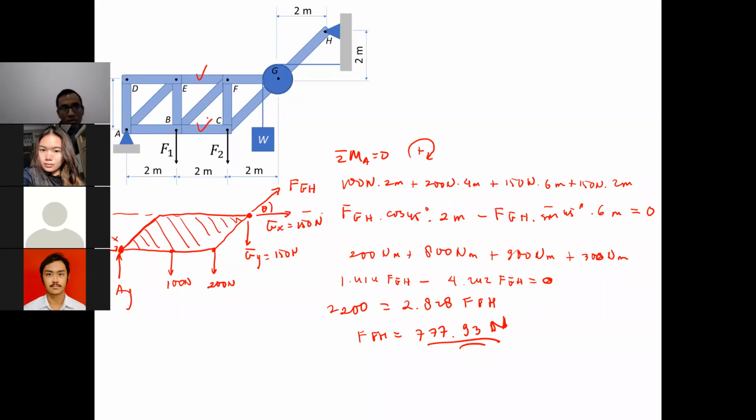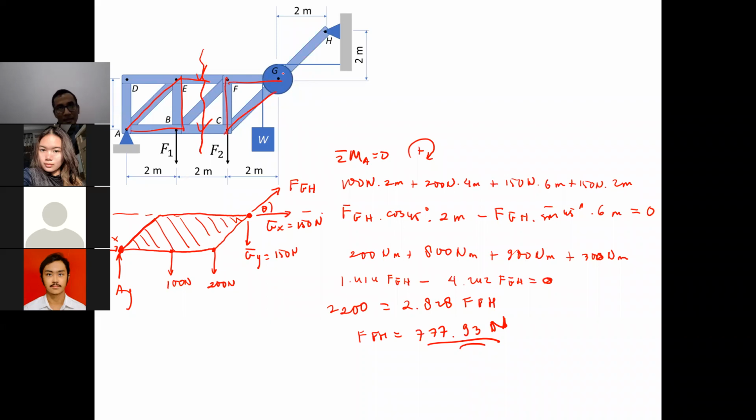Okay. In order to solve for this, what are we supposed to do, Alberto? We have to cut, right? And how to cut it? Just through the middle, like this, right? Yes. And after you cut it, you can analyze the left one, or you can analyze the right one, right?